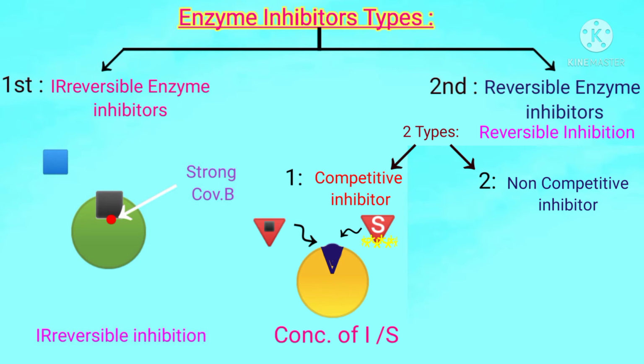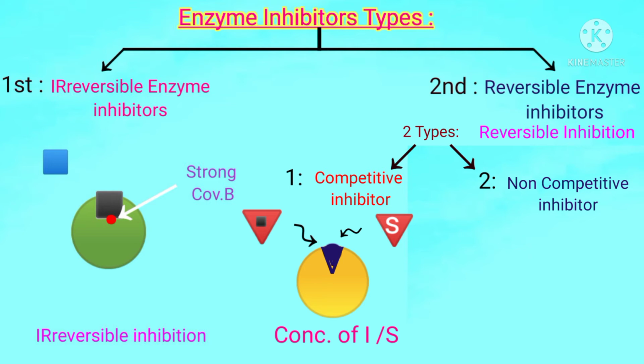If substrates are more in amount compared to the inhibitor, then a substrate will attach to the active site. But if inhibitors are in more amount as compared to the substrates, then an inhibitor will attach to the active site. So it creates a competition between the two.